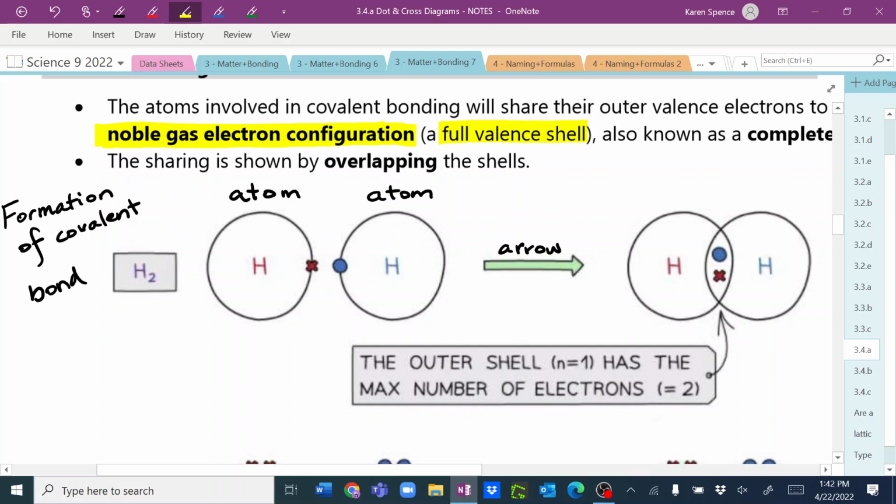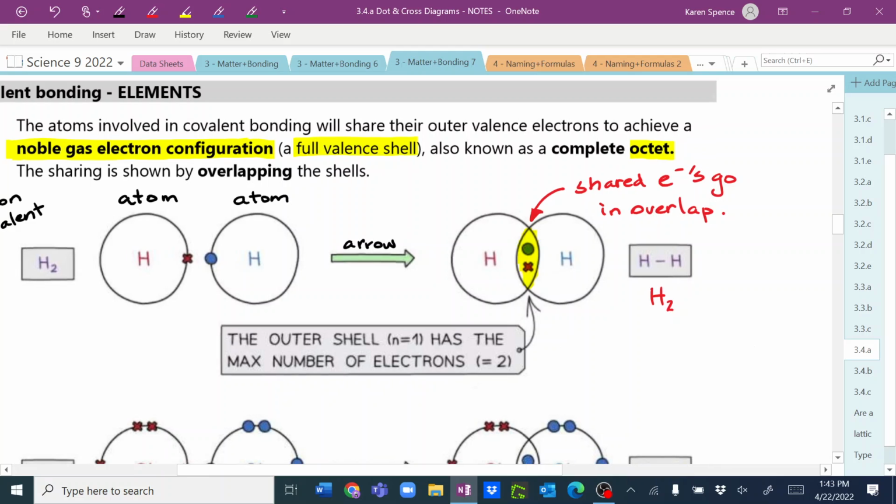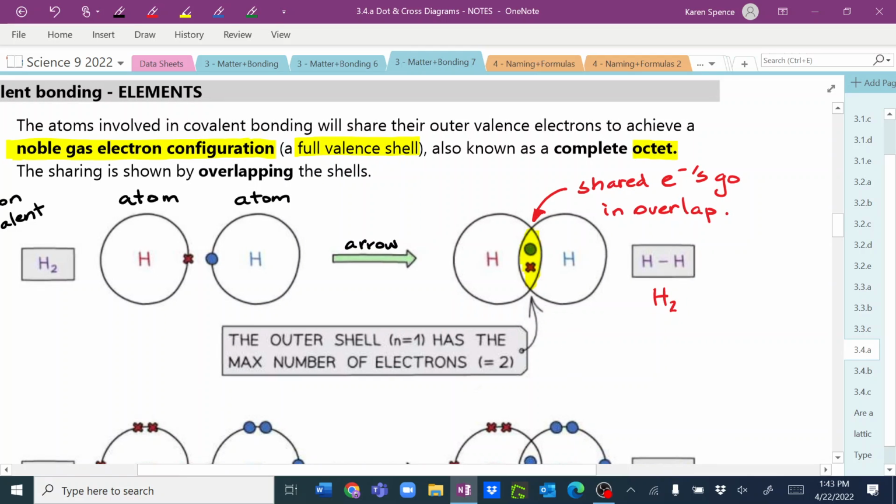And then we show an area of overlap, and the bonding electrons go in that area of overlap. Kind of like a Venn diagram. Yeah, very much so. So we've got HH, H2, hydrogen molecule. One shared pair of electrons means we have a single bond.